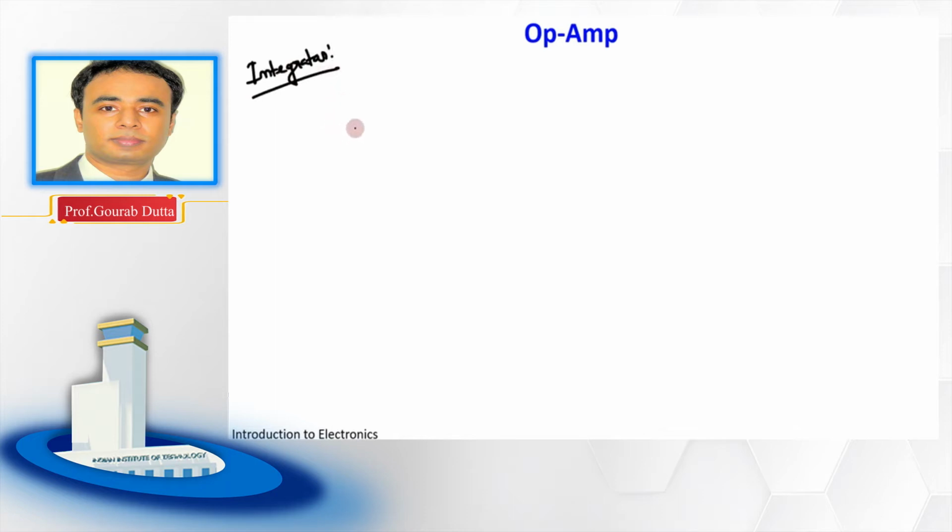So how does this integrator look? It is quite similar to the inverting amplifier, but the only difference in construction is that in the feedback loop, instead of the resistor RF, now we have a capacitor C. This is say R1.